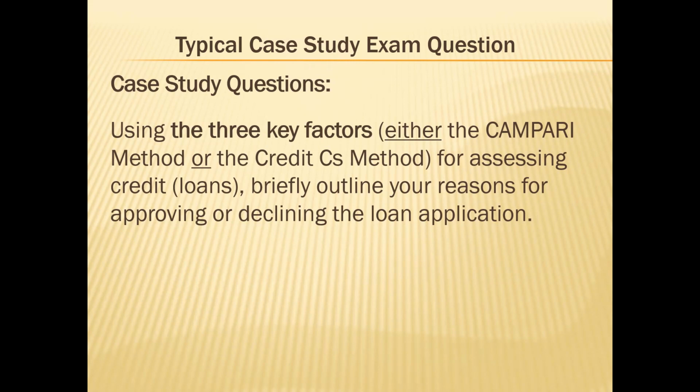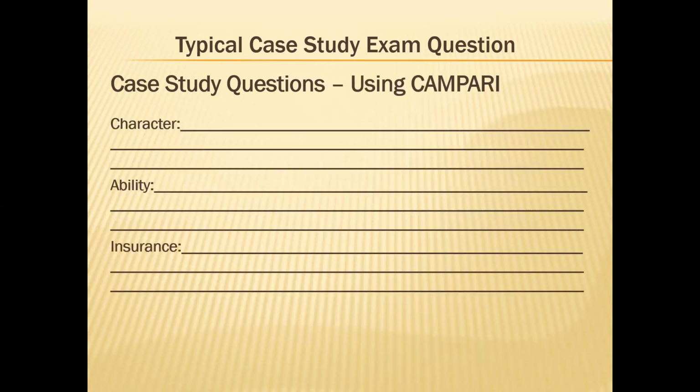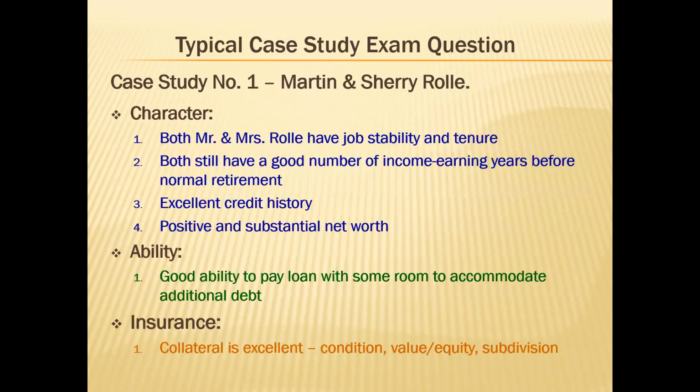So you'll have a chart, something like this. If you choose to use CAMPARI, you'll be answering character, ability, or insurance. If you're using the credit Cs, you'll be using character, capacity, or collateral. Right? So then we looked at, if you're doing CAMPARI, listing all the reasons that we had and putting them together.